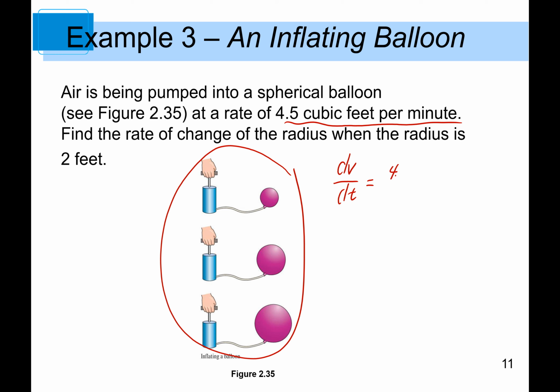So dV over dt is 4.5 cubic feet per minute. So it's given that. Now find the rate of change of the radius when the radius is 2 feet. So radius equals 2 feet. Okay, those are the given information from the question. And this is the motion, the balloon is just getting bigger and bigger.